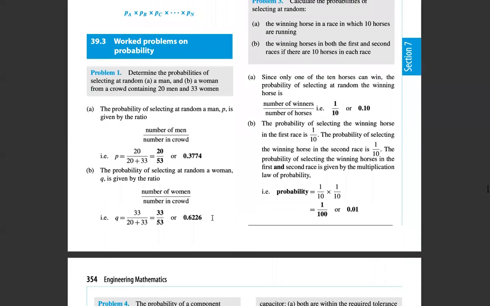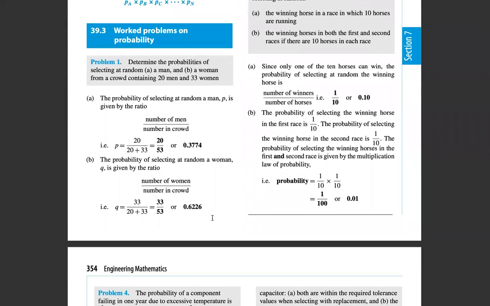So let's do some work problems on probability here. You have a group of 20 men and 33 women. What's the chance that you select a person and it's a man?